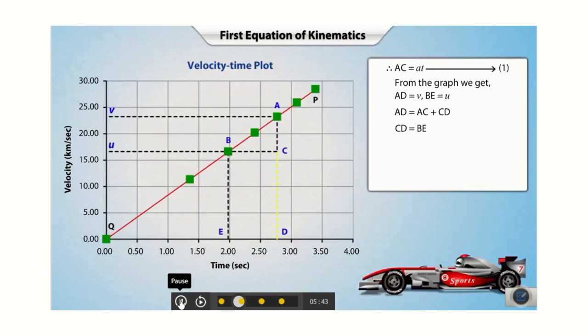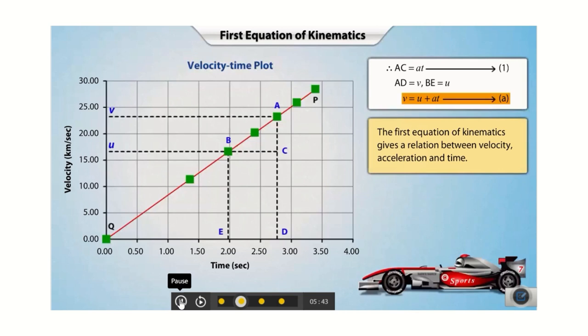Also, CD is equal to BE. Therefore, AD is equal to AC plus BE. Substituting the values for AD, AC and BE, we get the equation shown here.